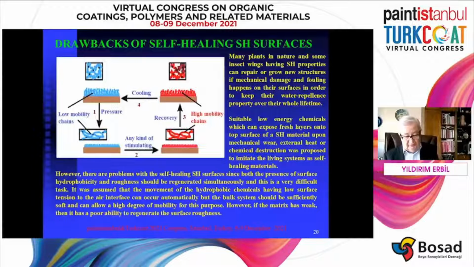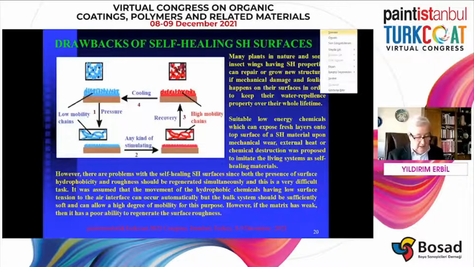However, there are problems with self-healing surfaces because both the surface hydrophobicity and roughness should be regenerated simultaneously, and this is a very difficult task. It was assumed that the movement of hydrophobic chemicals having low surface tension to the air interface can occur automatically, but the matrix system should be sufficiently soft and allow a high degree of mobility for this purpose. But if the matrix is weak, then it has a poor ability to regenerate the surface roughness.